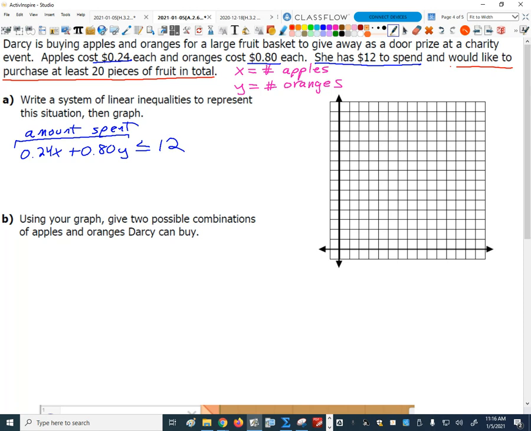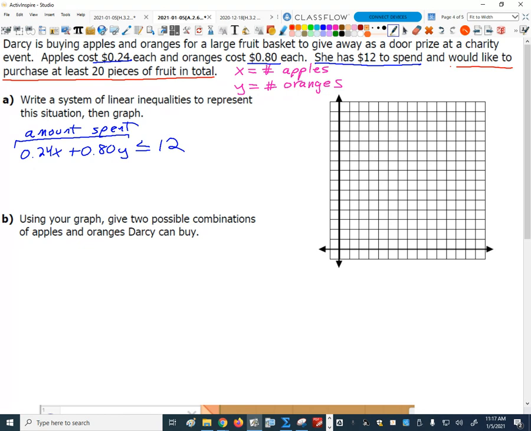So what's our expression for the total amount of fruit that she's buying, if X represents the number of apples and Y represents the number of oranges? What do you think, Melinda? Why don't you give me the inequality? Would it be the same as the top, but greater than or equal to 20?